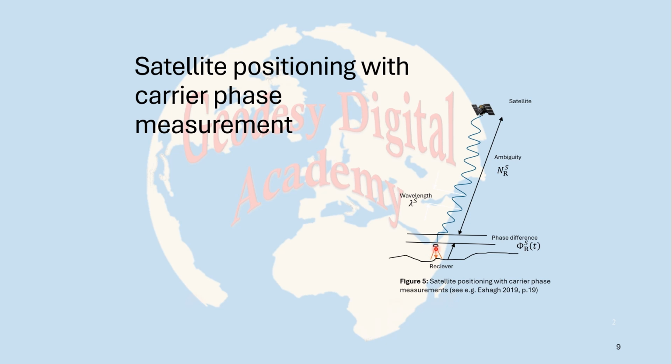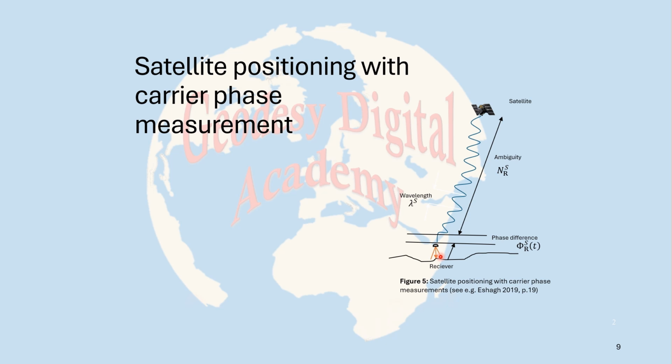But because of this distance, the received signal does not have the same phase as the generated signal in the receiver. And they will have a phase difference because of this distance. In fact, the receiver measures the phase difference between the satellite and the receiver.